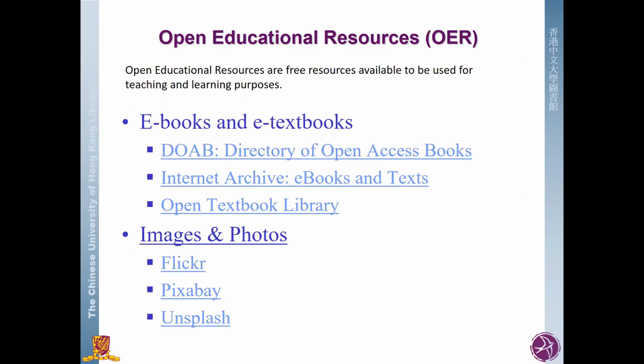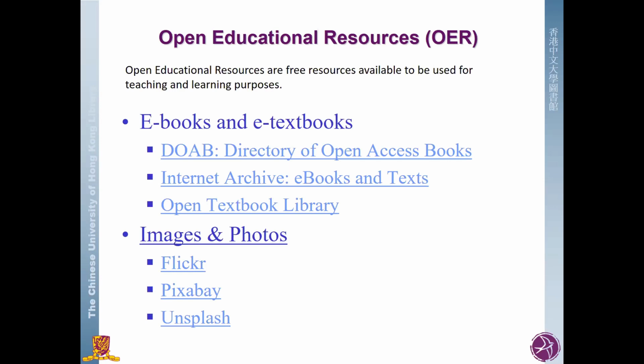Also, we can use open educational resources, OER. What is OER? Open educational resources are free resources available to be used for teaching and learning purposes, and most of them are electronic materials. I just list 2 categories here. The first one is ebooks and e-textbooks.